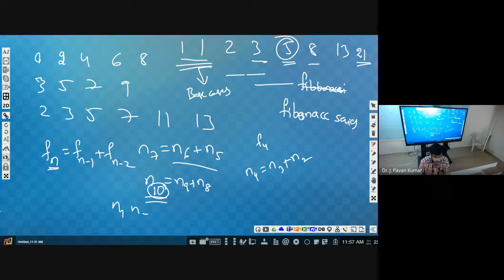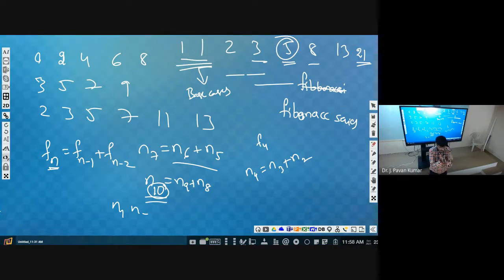To find the nth Fibonacci number, what we are adding is the n minus 1th Fibonacci number and the n minus 2th Fibonacci number. So the problem is to find the nth Fibonacci number. In order to solve this problem, we are adding the previous two Fibonacci numbers. How can we calculate these two?